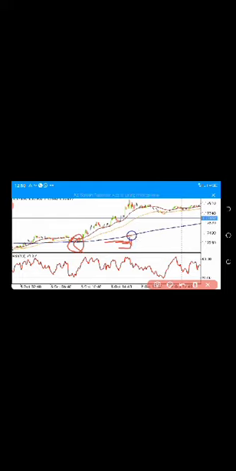Once it crosses down below the other two moving averages, what will you be looking for? What will you be likely to do? You'll be buying. What actually happened? The market kept buying.